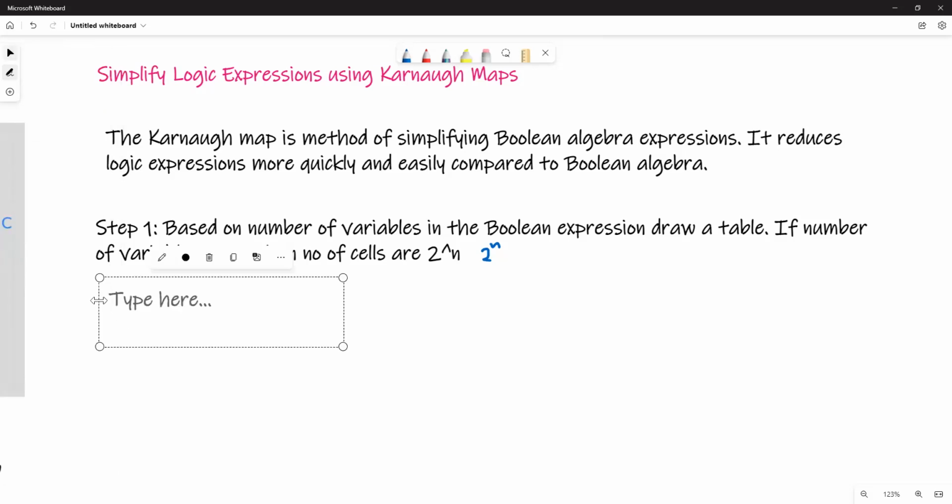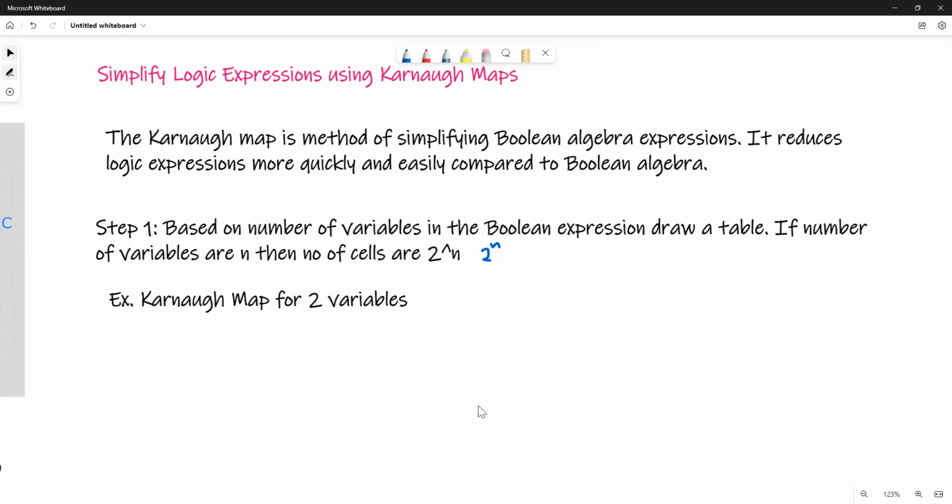So let me give an example: Karnaugh map for 2 variables. Let's assume the expression has two variables.